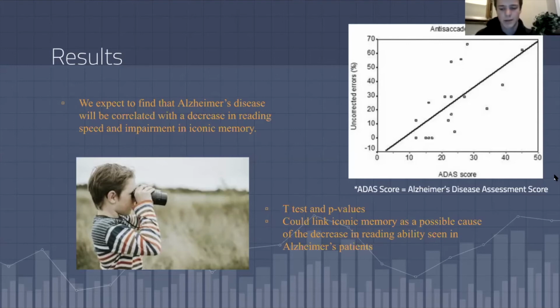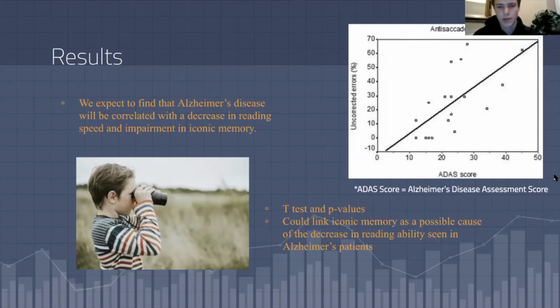And then from this test, we get a p-value, and the greater the p-value, the more our data match the expected data that would show that there's no correlation.